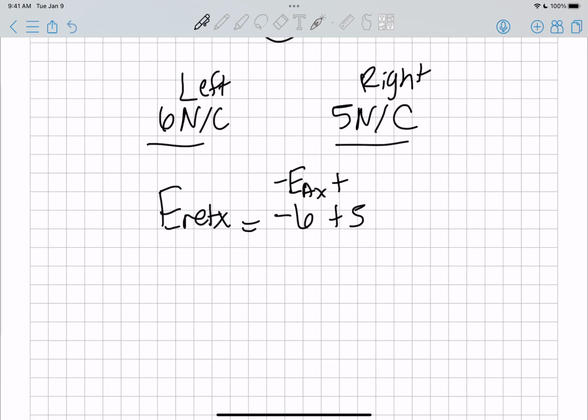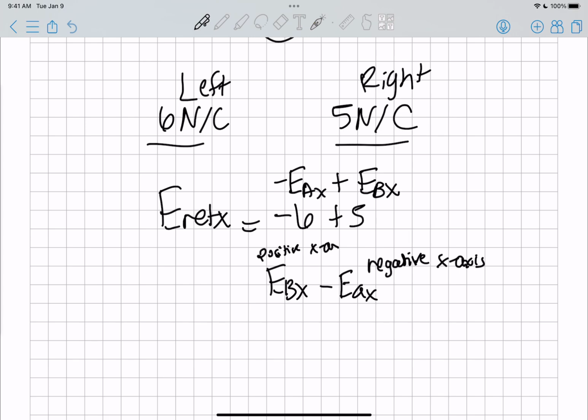This would be negative E_A x plus E_B x, or you can do the other way around, like E_B x minus E_A x, because this is negative x-axis and this is positive x-axis. So that's how you would do that.